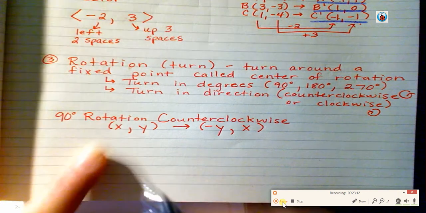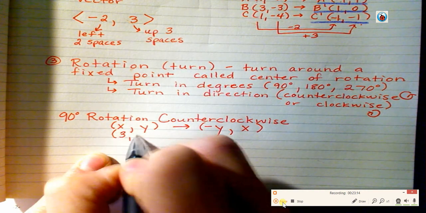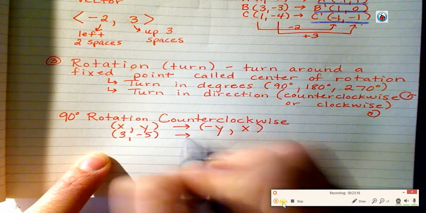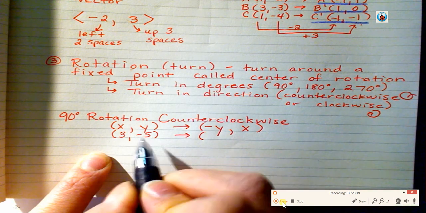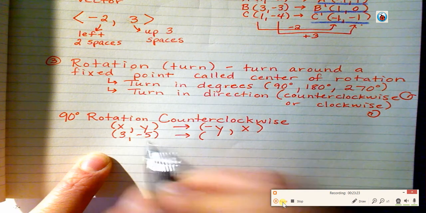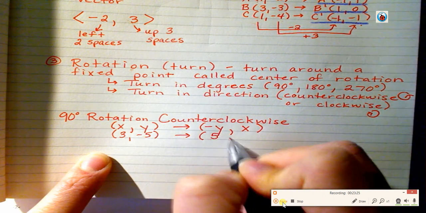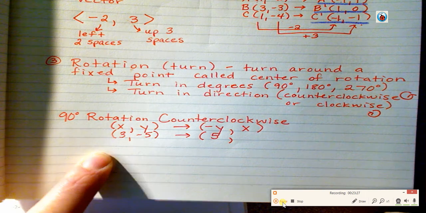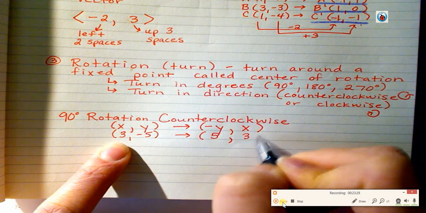So for example, if I gave you the point 3, -5, the opposite sign of your Y value that you would write first would be the opposite of -5, or +5. And then your X value next, 3.